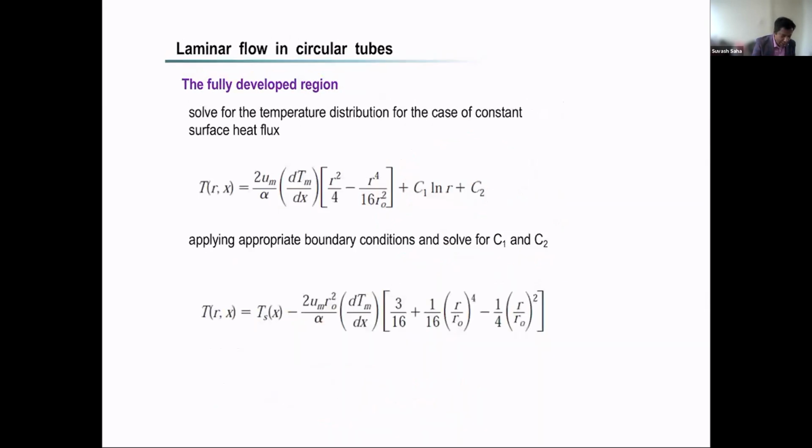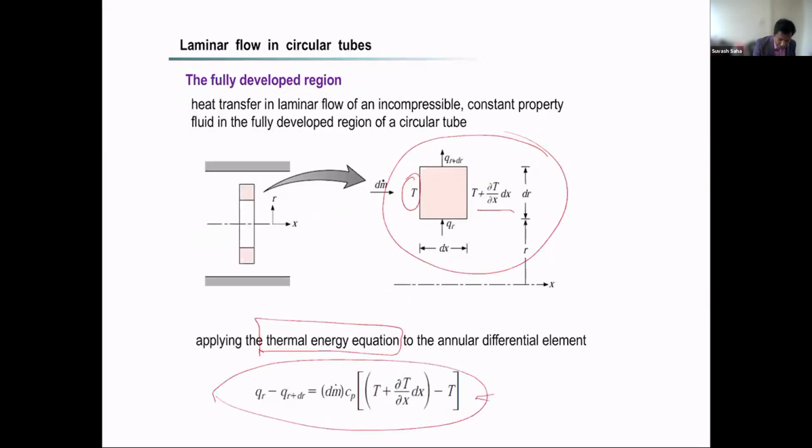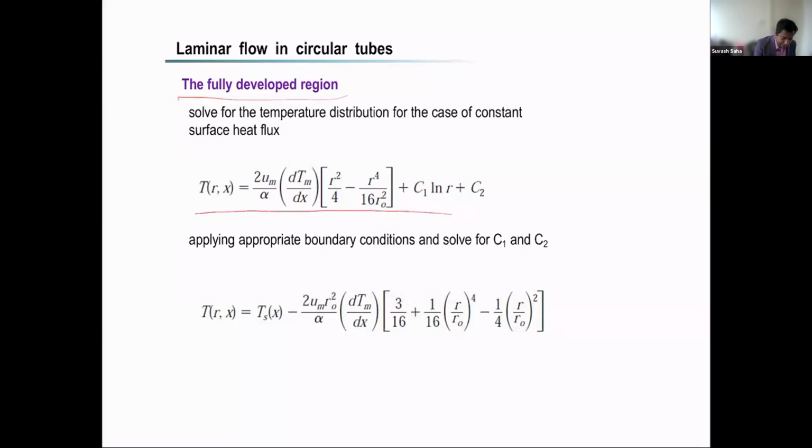For the fully developed region, not earlier than that, if we solve this equation with integration, we have to do two times integration, and then we get this equation, which has 2 constants, C1 and C2. We can easily get them by applying the boundary conditions.